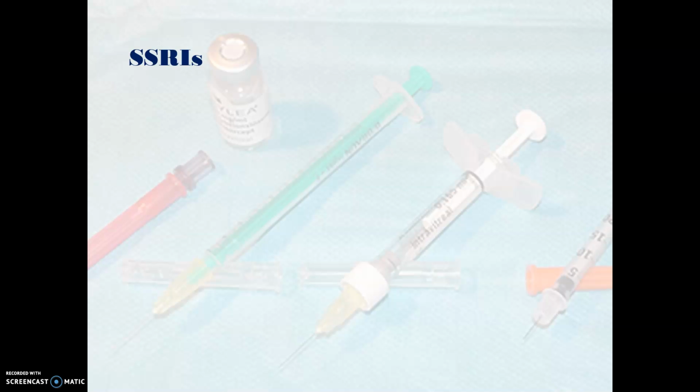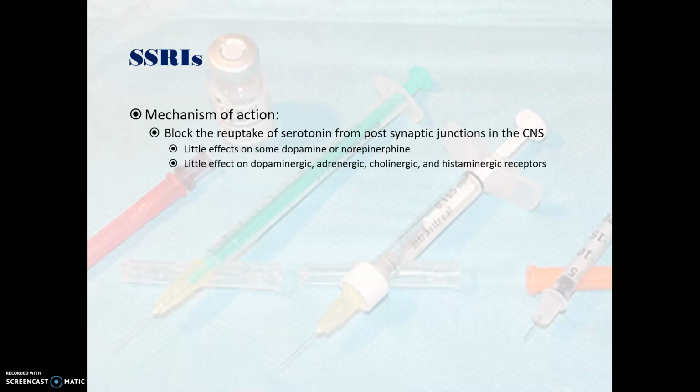So let's think about the SSRIs. What is their mechanism of action? They block the reuptake of serotonin from postsynaptic junctions in the CNS, but have little effect on dopamine and norepinephrine. They also have little effect on the dopaminergic, adrenergic, cholinergic, and histaminergic receptors.